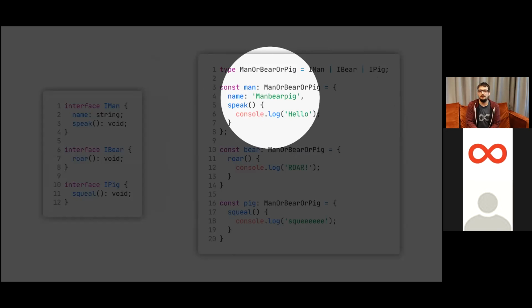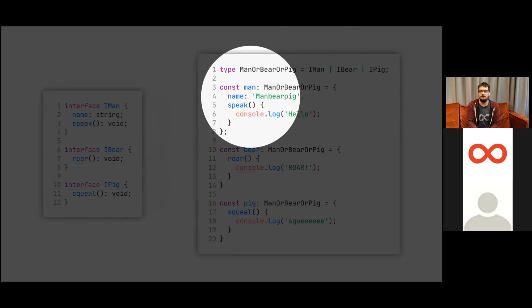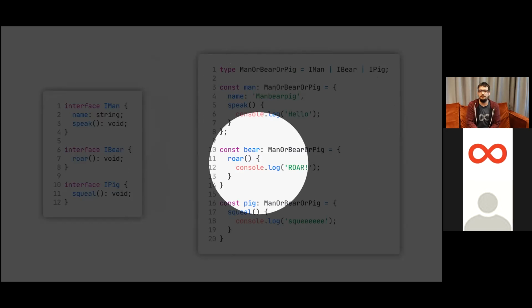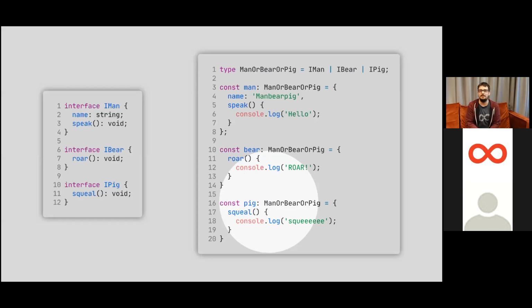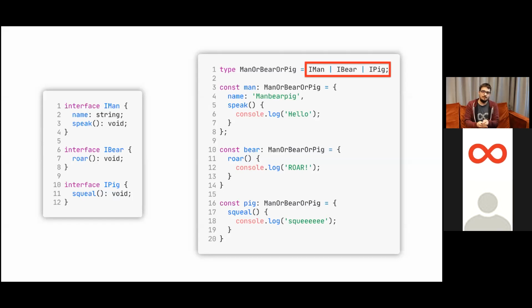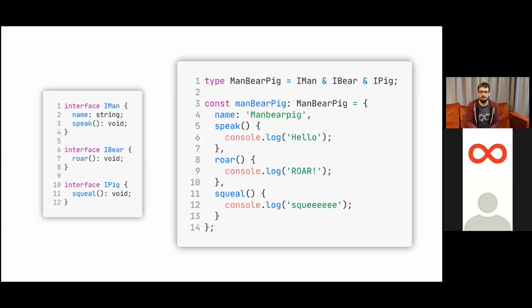And we can take just things from the IMan interface and define this sort of object with the property and the function. And we can do the same thing for bear. We just add some roar method, and we can do the same for pig. We just add the squirrel method. So this is all valid. This is because we have this union type of interfaces. We can also have an intersection of interfaces.